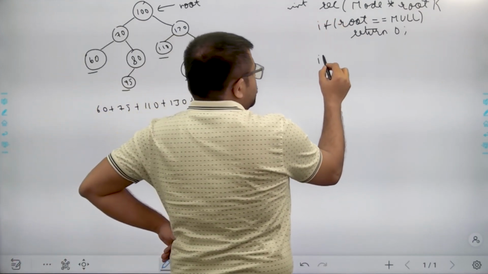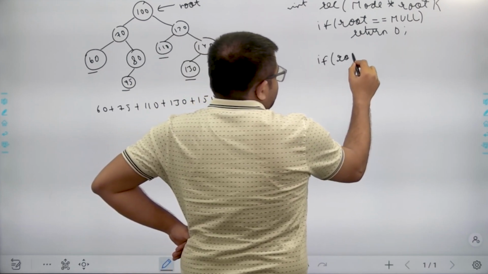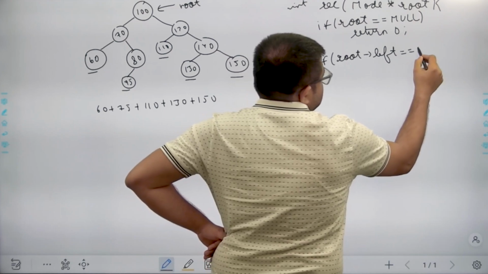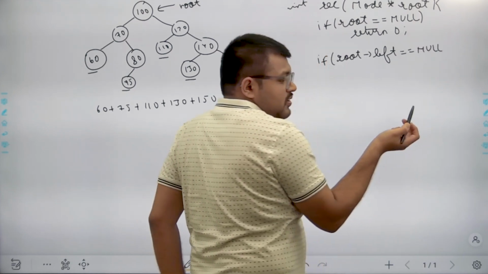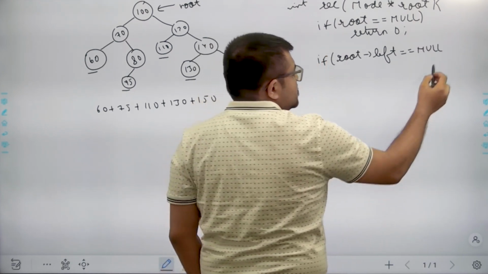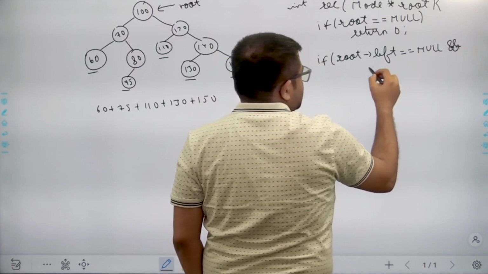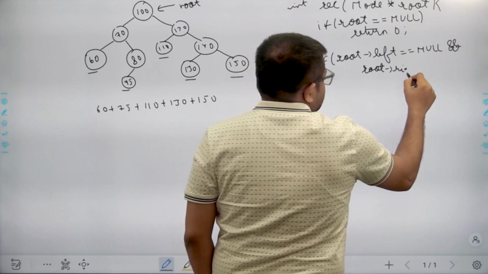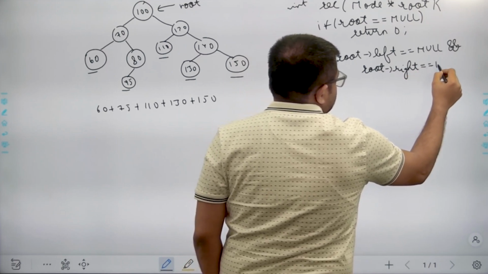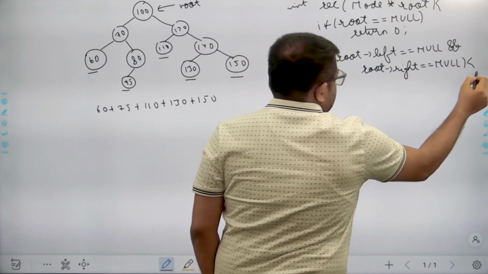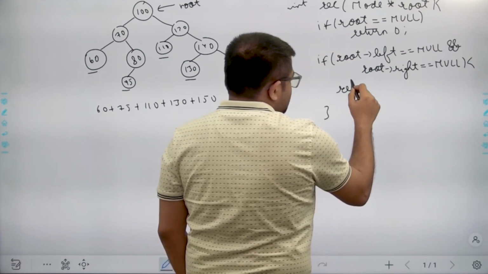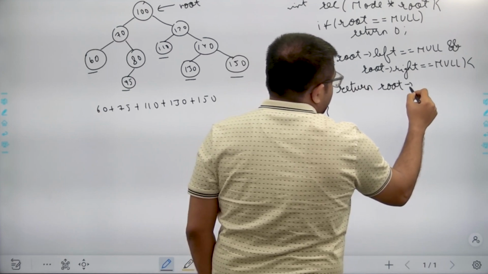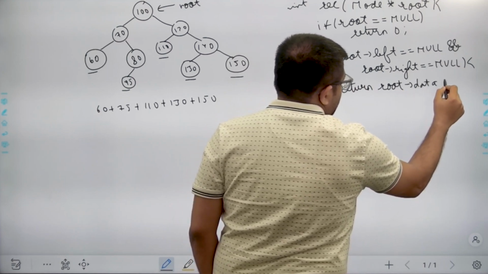If it is the leaf node, how will I know that? Leaf node means which do not have any children. So if the left subtree is null and right subtree is also null, then in that case I can say return root data. Why? Because this is a leaf node, so we want to count it.